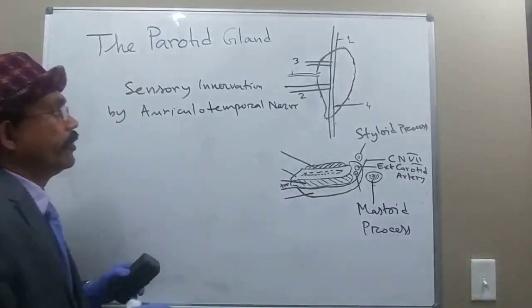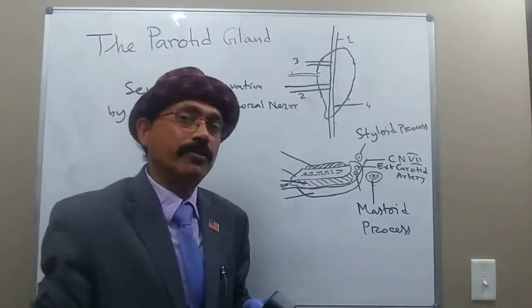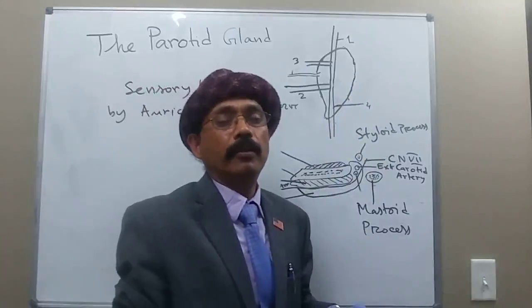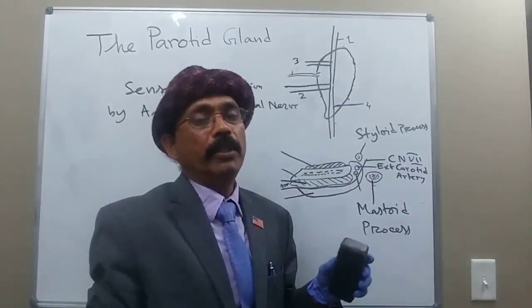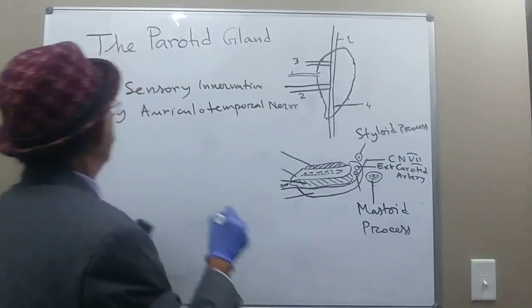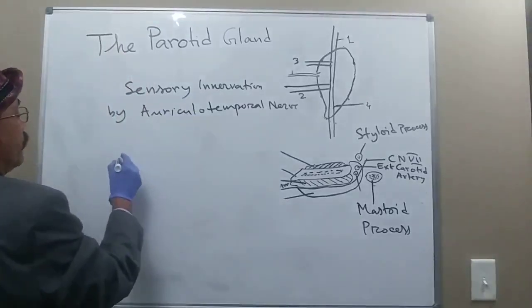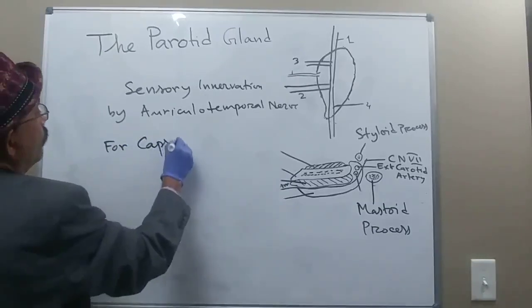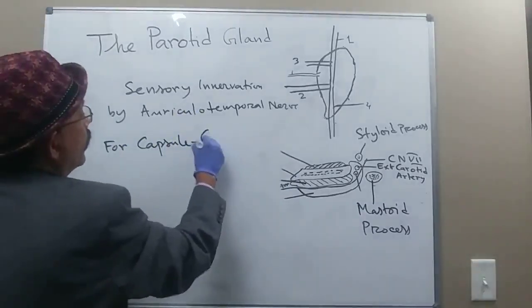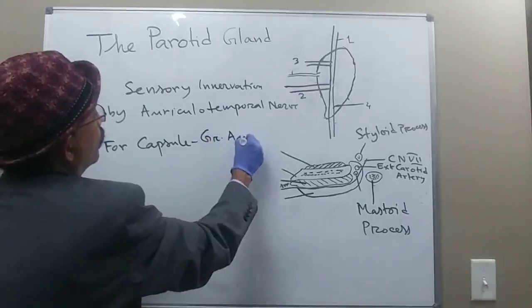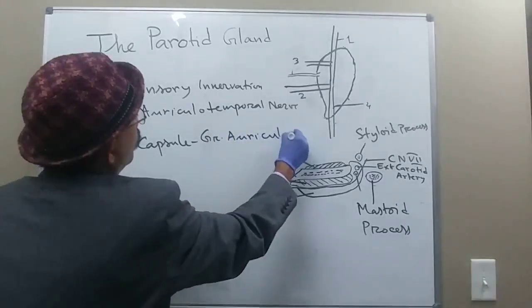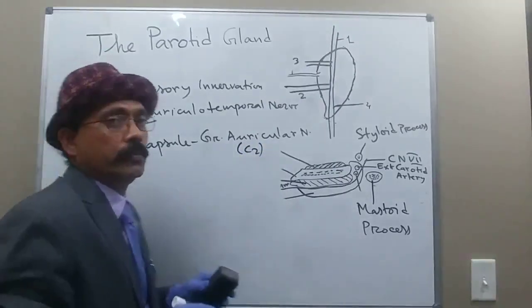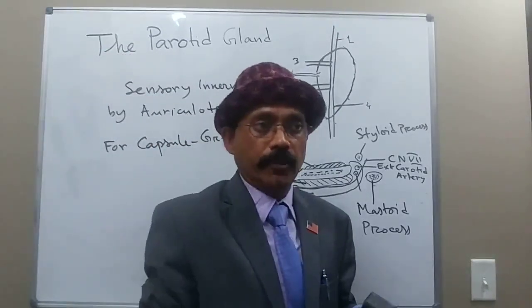But the sensory innervation to the capsule of the parotid gland is carried by the great auricular nerve, which is C2. We got the nerve supply.